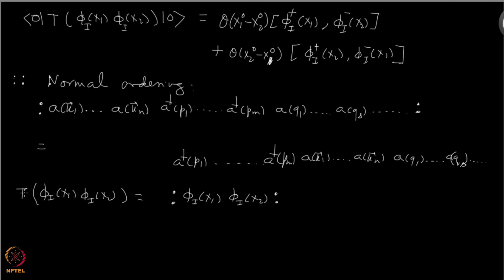We are saying that the time order product of these two fields is a sum of terms in which all the operators are normal ordered, plus a term which we got, which was this piece. Let me write it here. I will introduce another notation. I will say phi I x1, phi I x2 with a symbol that is read as the contraction between these two.